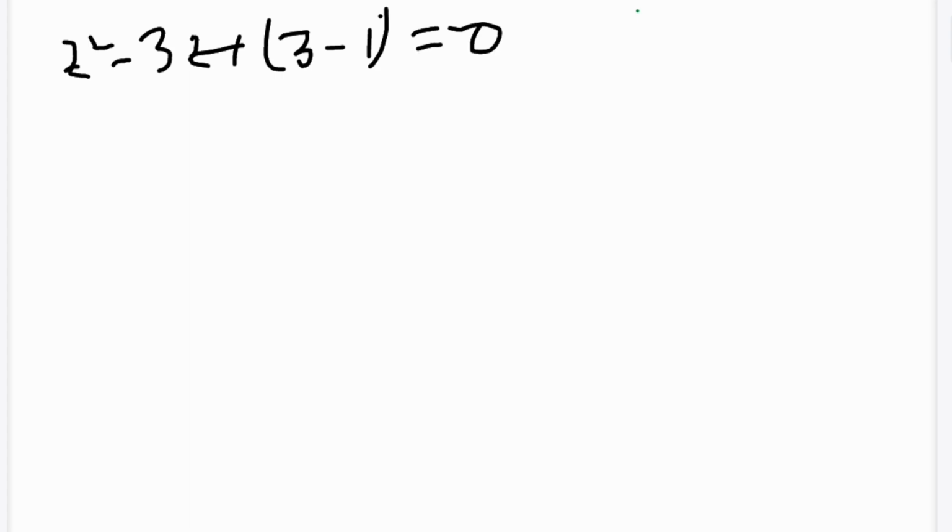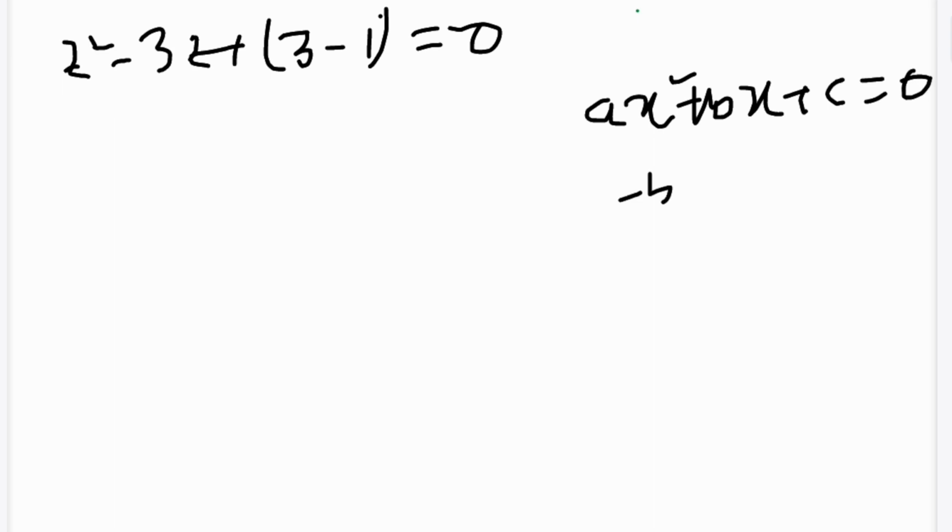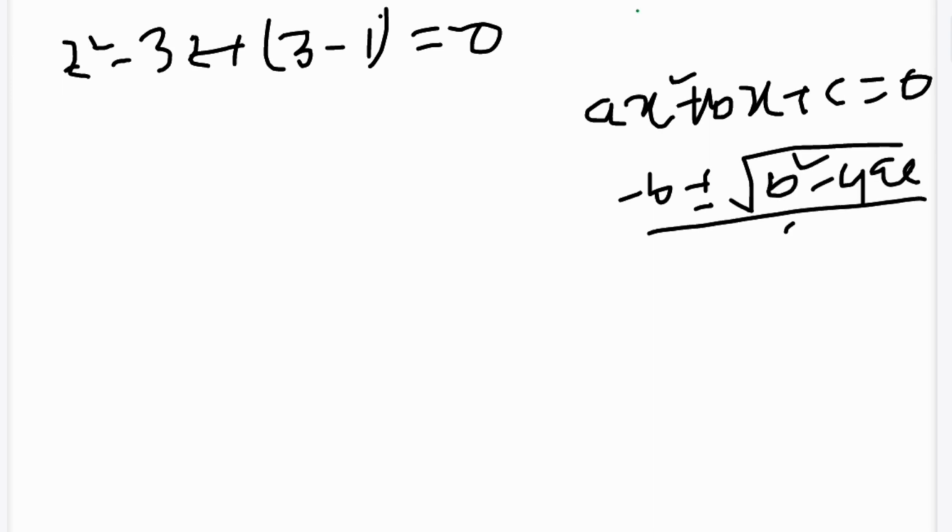And if the quadratic equation is in the form ax² + bx + c = 0, then its roots are (-b ± √(b² - 4ac))/2a. So according to this formula, we are going to solve this equation.